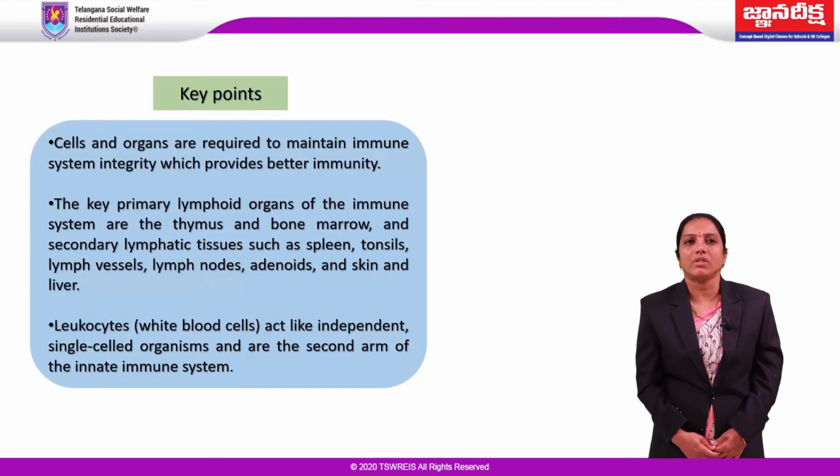Either in any of the ways, like antibody production by B cells, cytotoxicity by T cells, or phagocytosis by neutrophils and macrophages, the cells function in different ways. We also have seen leukocytes, that is WBCs, act independently, like neutrophils and macrophages, they independently act like single-celled organisms and are involved in providing the innate immunity, which is an inborn immunity that is acquired from birth itself.